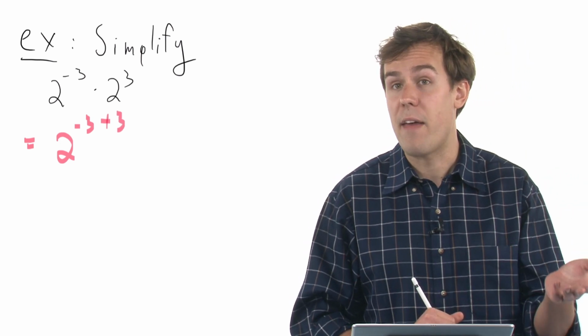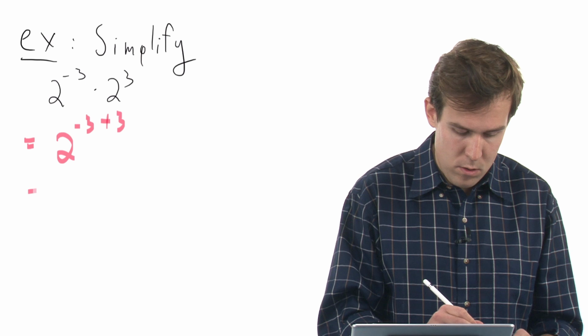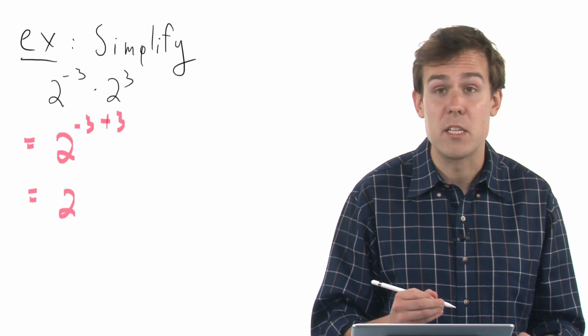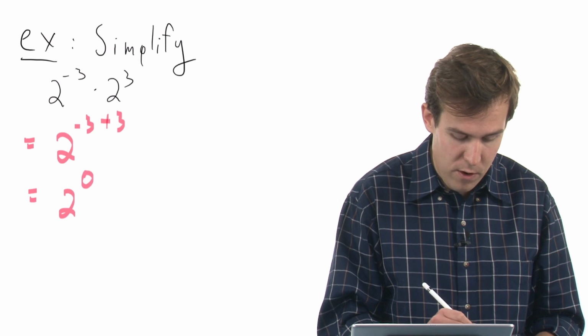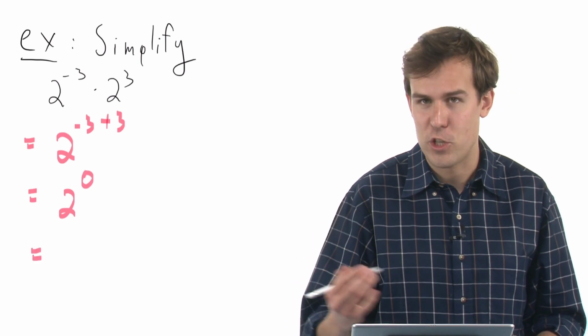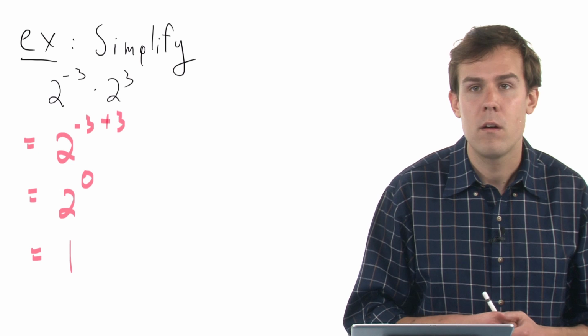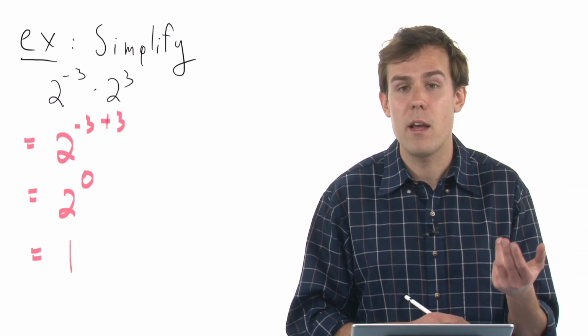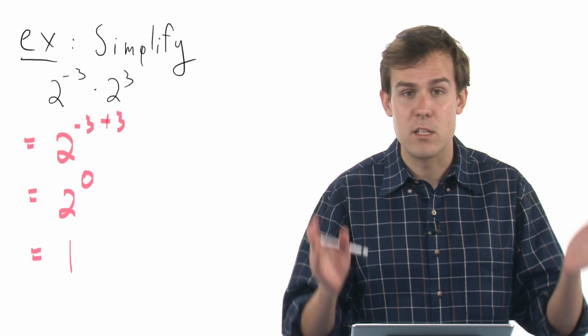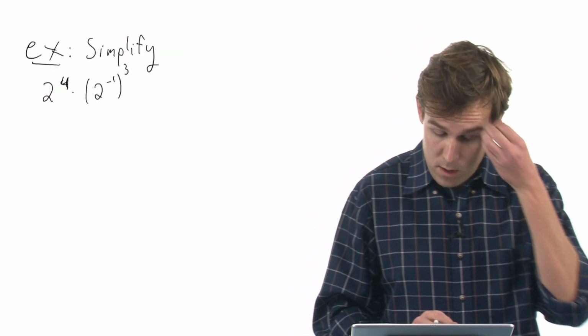Same base, so I add the exponents. What is minus 3 plus 3? 0. So I just get 2 to the 0, and then by my convention, this is 1. So in this case, all I had to do was remember that to multiply exponentials with the same base, I just add the exponents.